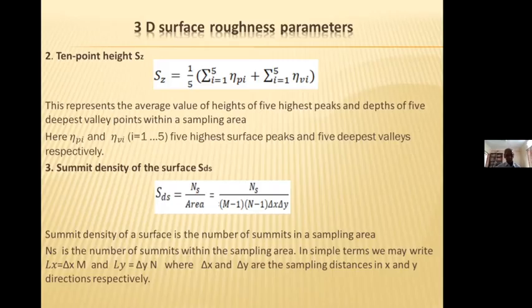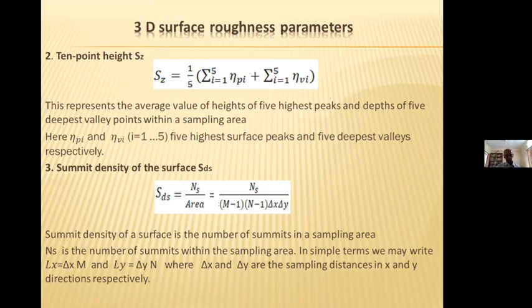So the number of summits divided by the area, and that can be given in the digital form like this, where we can say with respect to the previous definition that Lx is nothing but delta x times n and Ly is delta y times n. Delta x, delta y are the sampling distances.